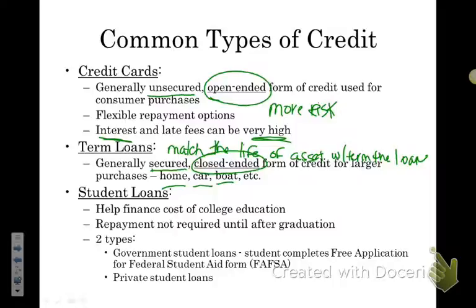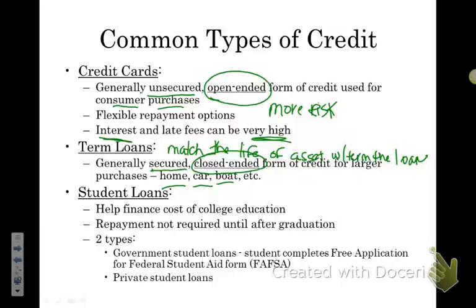Then they can sell it, and that helps to pay off the loan. Whereas your credit card, it's typically what we call consumer purchases. So you're buying a pair of sneakers, a pair of pants, a shirt. They're not going to get any money back even if they did repossess it. Okay, so it's higher risk to the credit company with an unsecured credit card than it is with a term loan.